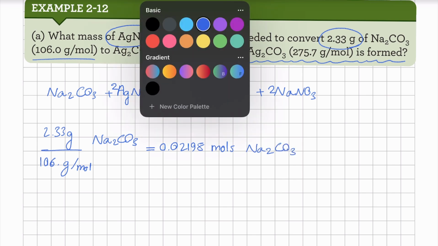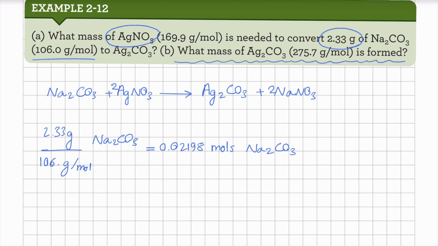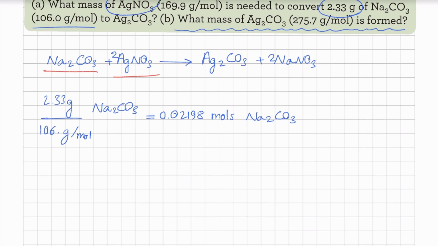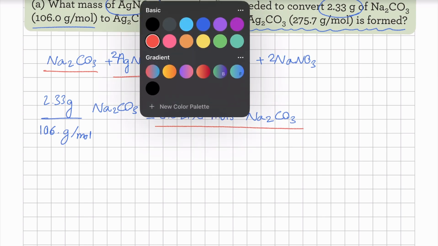Okay, so this is the mole of Na2CO3. Now, look at the equation again. Na2CO3 and AgNO3. We can say each mole of Na2CO3 requires 2 moles of AgNO3 to react with. On the other hand, we have the moles of Na2CO3.